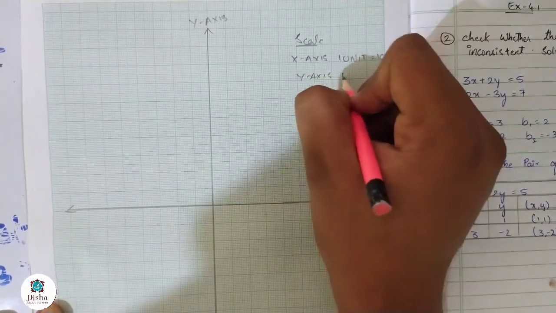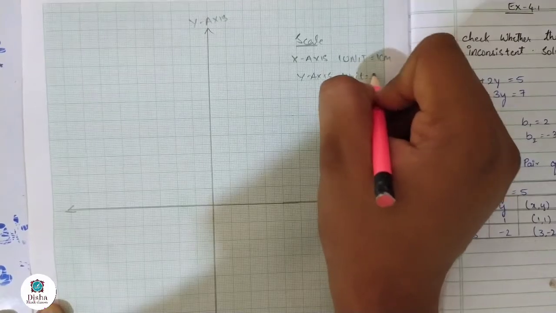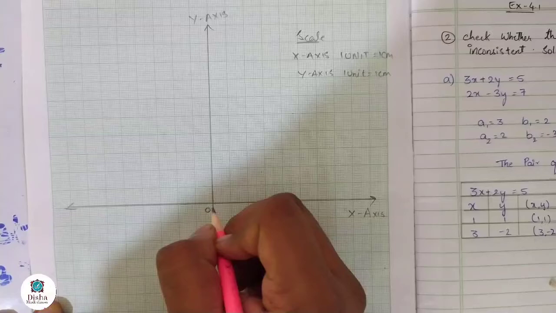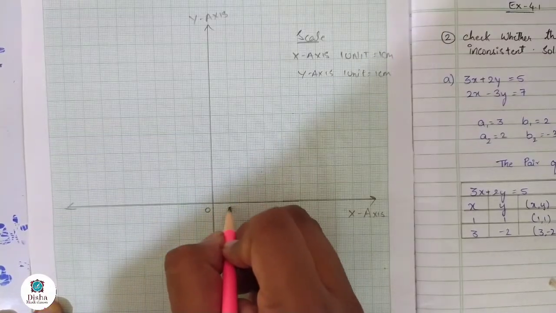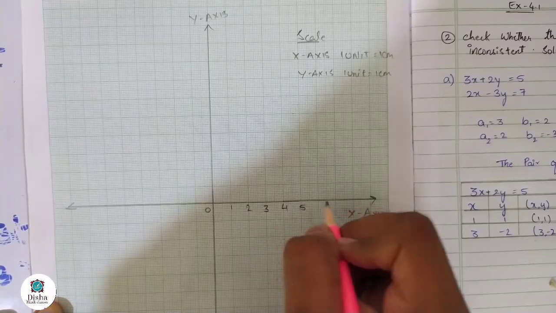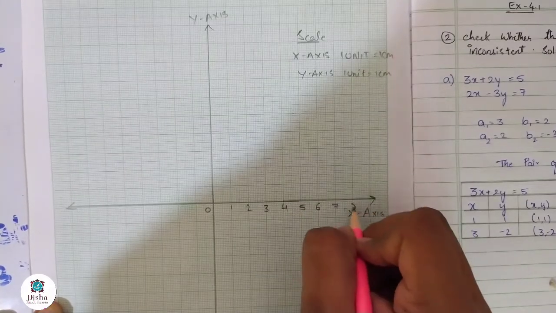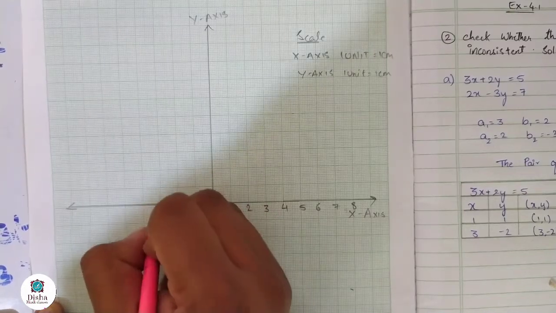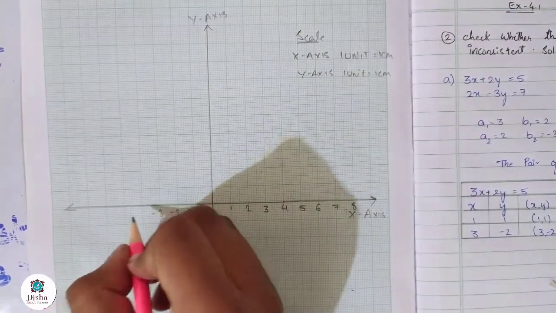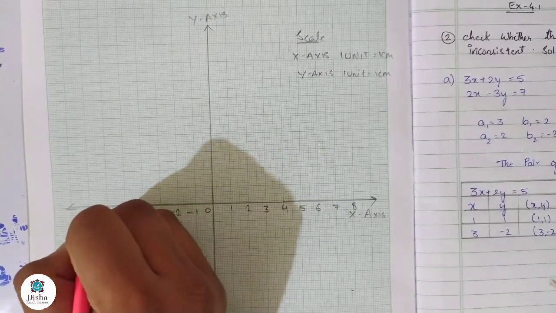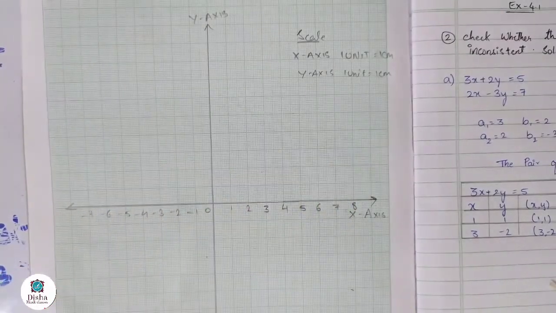Y-axis, 1 unit equals 1 centimeter. Now this is the origin, 0. On the right side we have 1, 2, 3, 4, 5, 6, 7, 8, and on the left side negative 1, negative 2, negative 3, negative 4, negative 5, negative 6, negative 7.